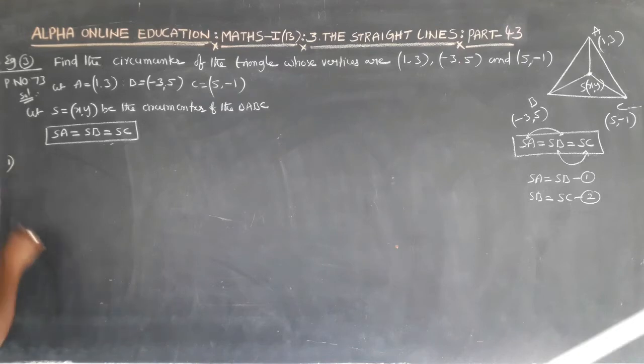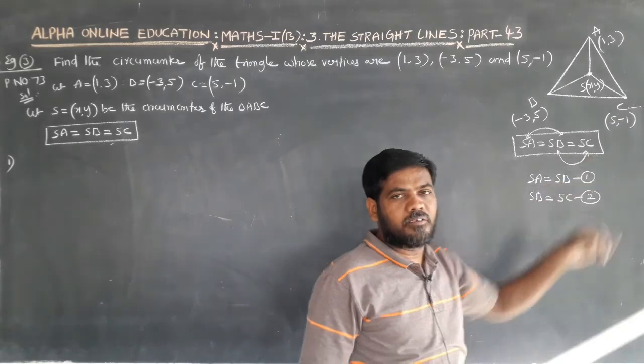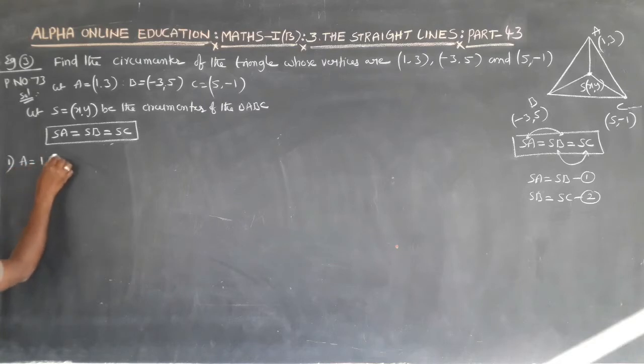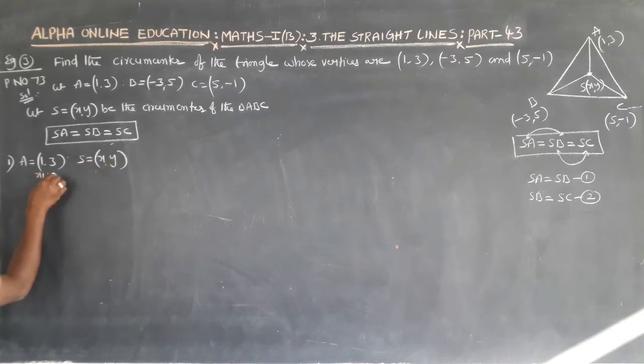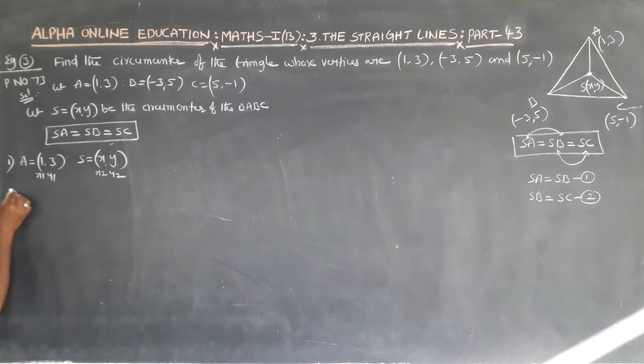First we find the SA, SB and SC values. A is (1, 3), S is (x, y). Let A be (x1, y1) and S be (x2, y2).